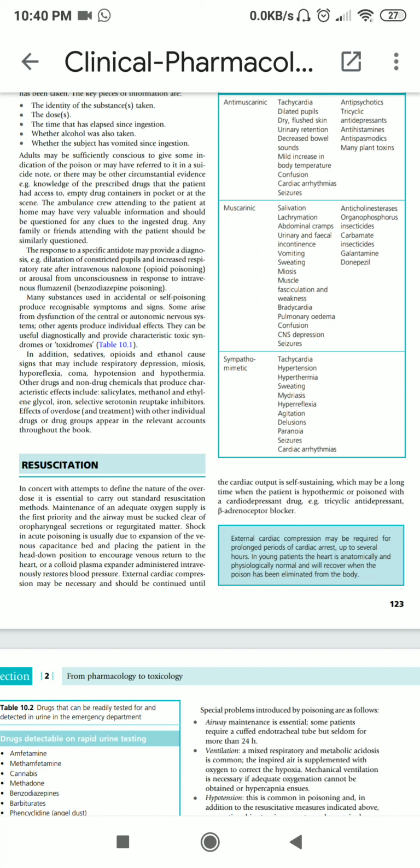All these are the symptoms of toxicity with sympathomimetic drugs, that is, drugs which are going to mimic the sympathetic nervous system.